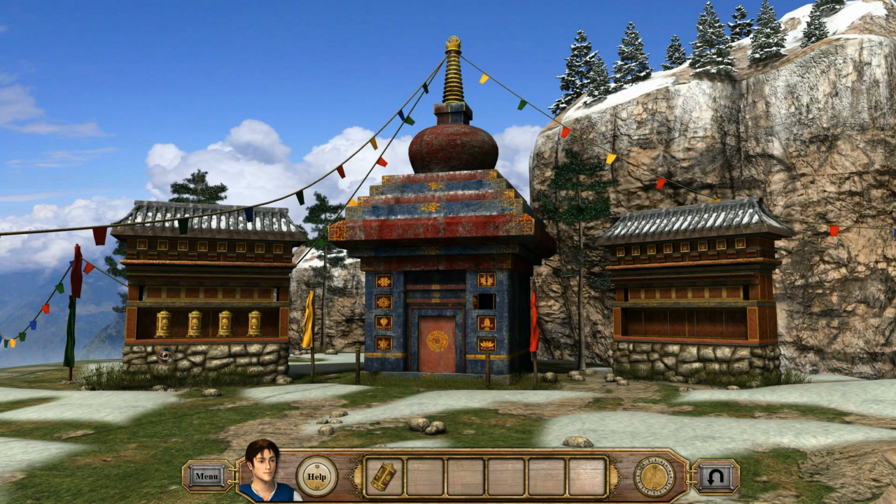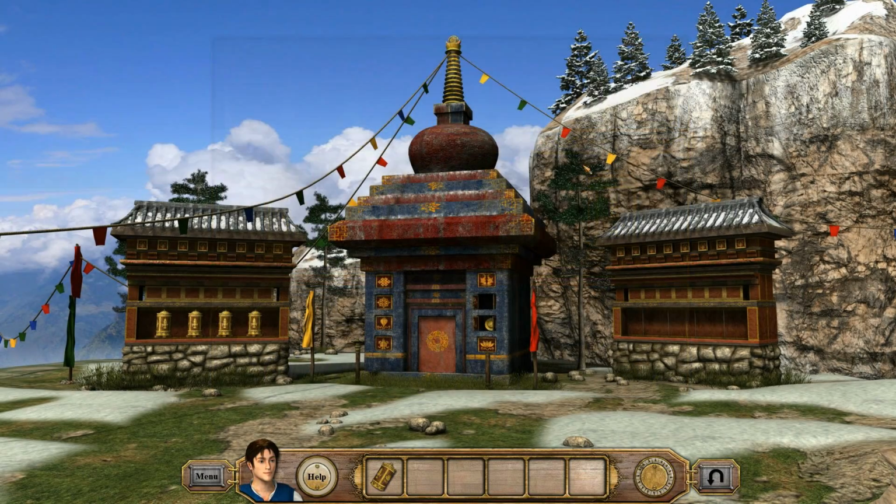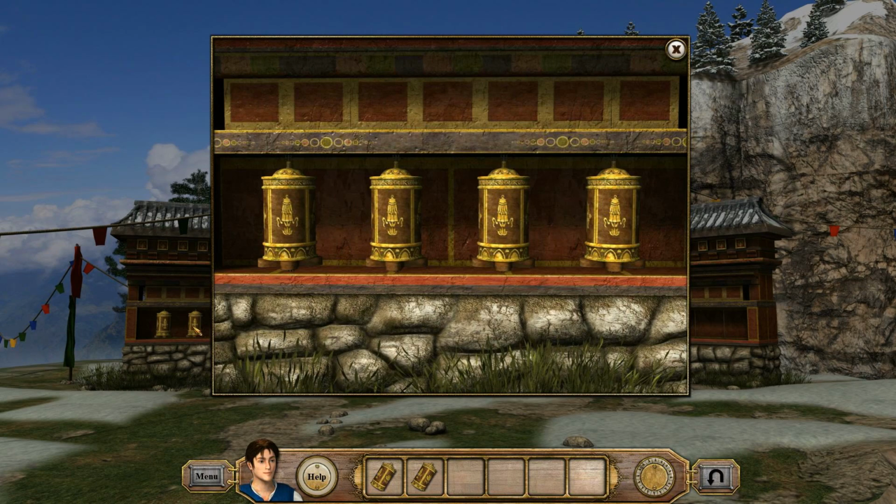So we want to go through the other ones then, I think. Okay, well we can do that. So the thin one. Oh, it's the opposite side. So then, wheel.